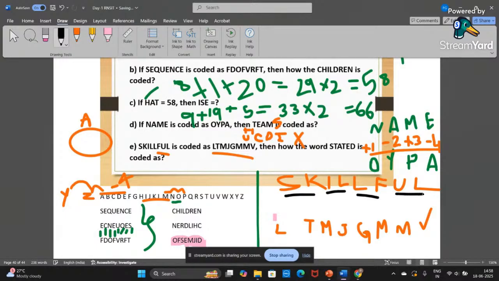First, they have paired two letters. Then they have interchanged their position. They have written the next letter which is interchanged.